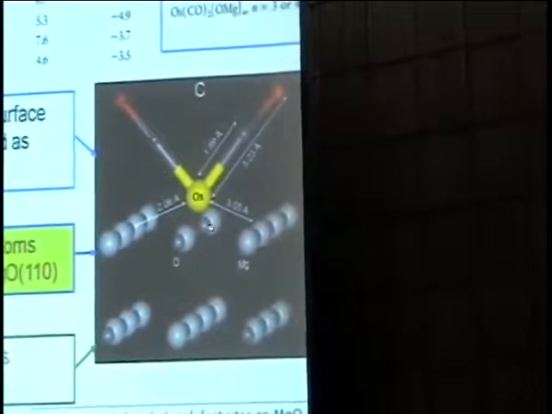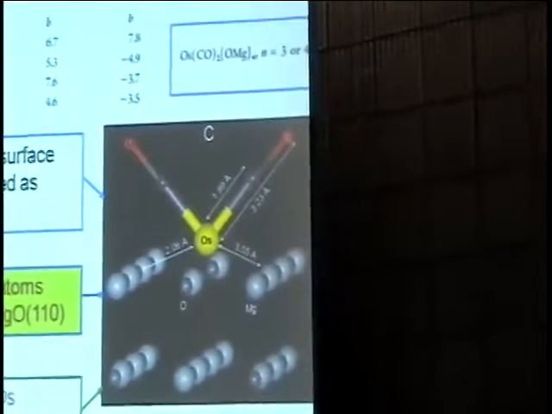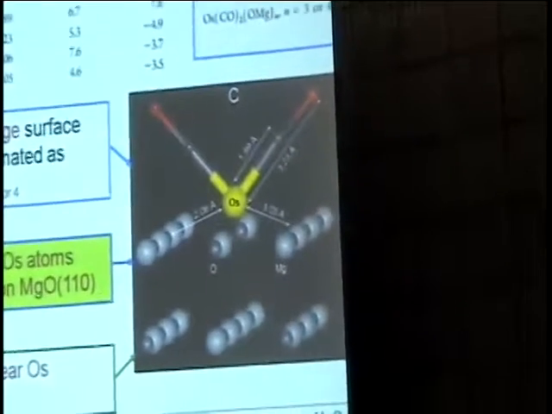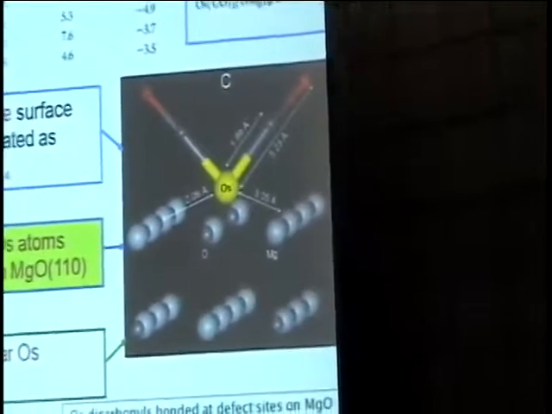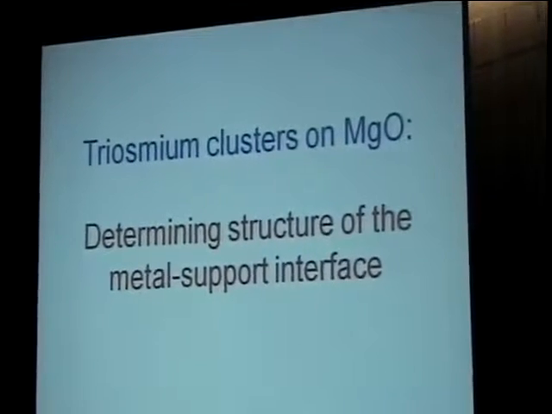So the inference is that there's a defect site, there's a missing magnesium there to accommodate the osmium carbonyl. So there's a lot of detail coming out about the interface structure following from the microscopy with some bolstering by the spectroscopy.